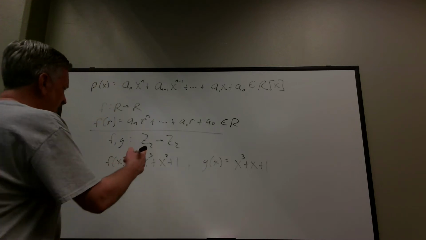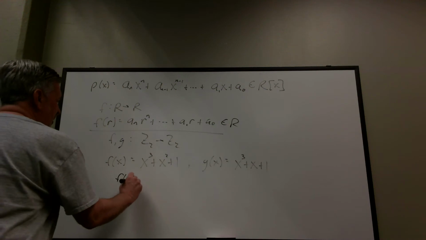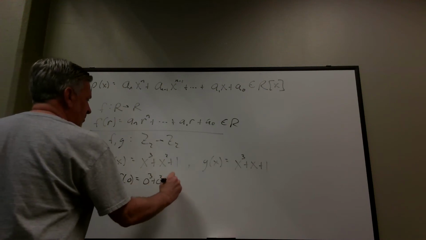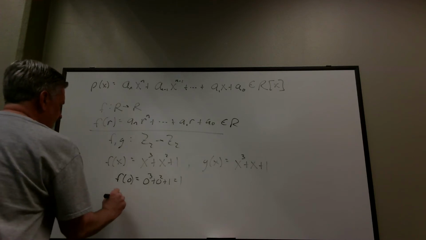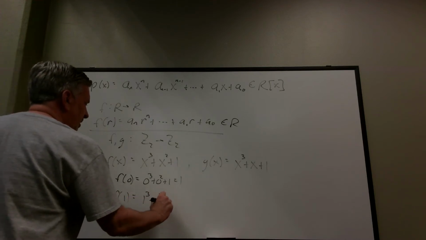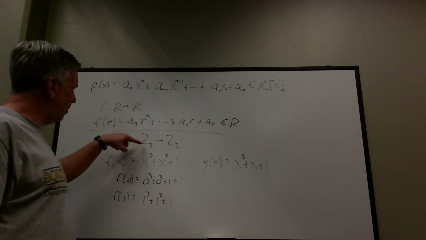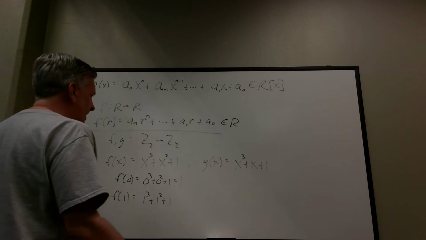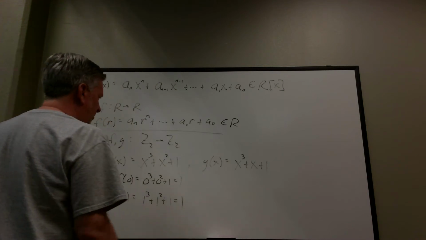Okay, so let's actually compute. Let's find f(0). Well, f(0) is 0 cubed plus 0 squared plus 1, which is 1. And let's find f(1). That's 1 cubed plus 1 squared plus 1. Remember, we're working inside Z_2, so 1 plus 1 plus 1 is 3, but 3 mod 2 is 1.